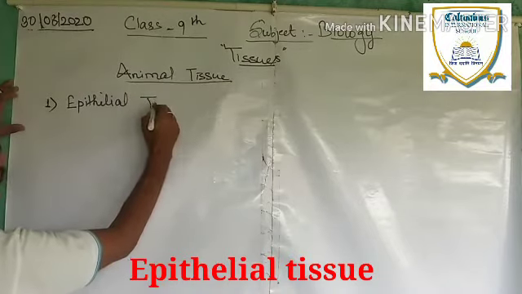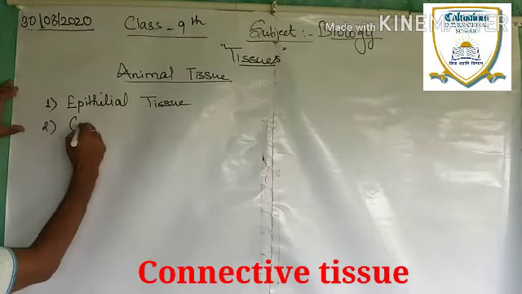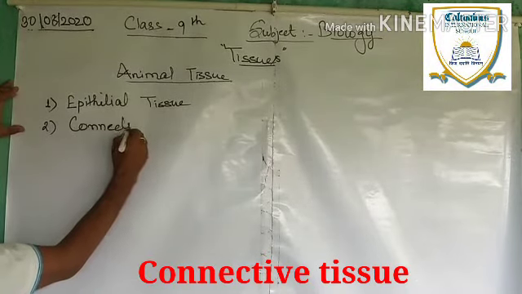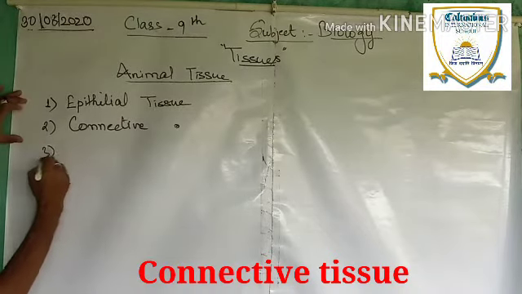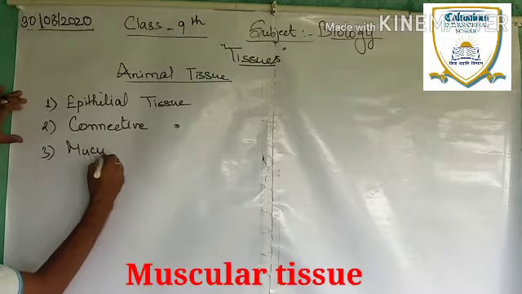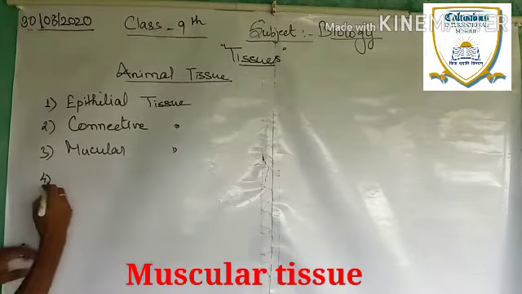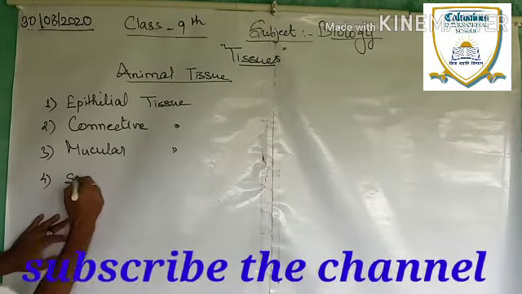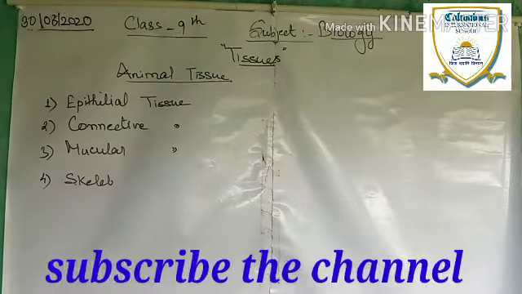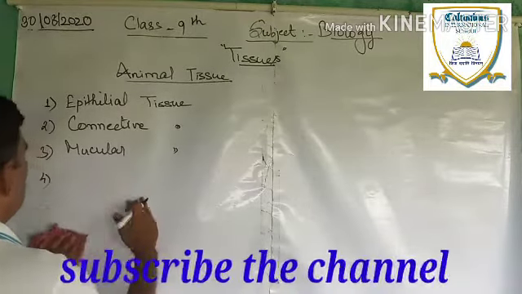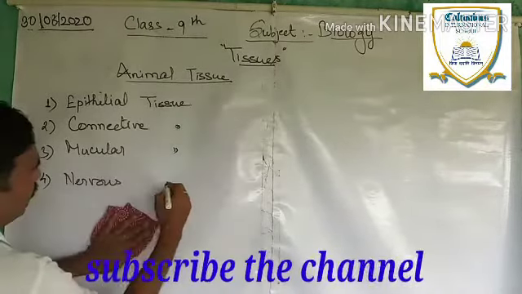Epithelial tissue, second connective tissue, thirdly muscular tissue, and the fourth, sorry, nervous tissue.